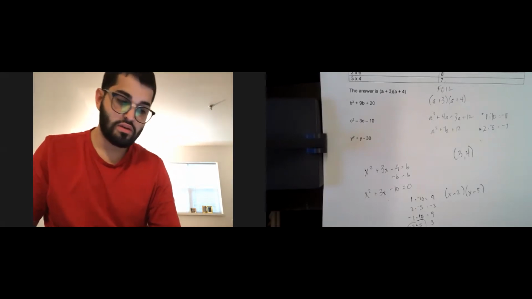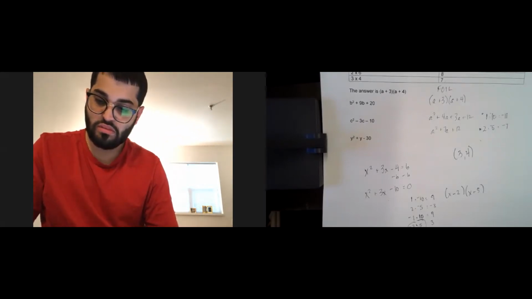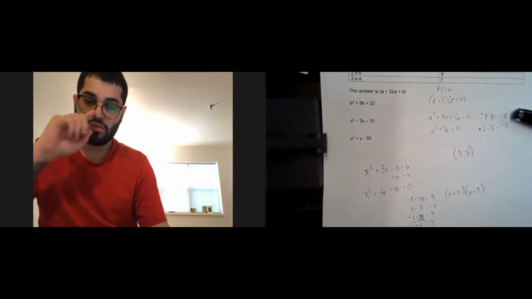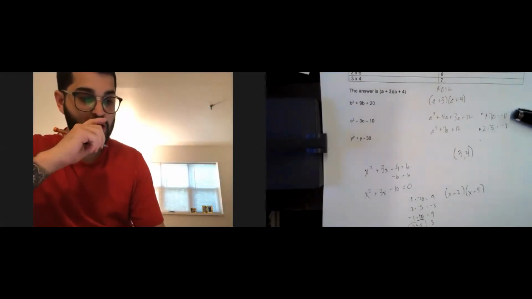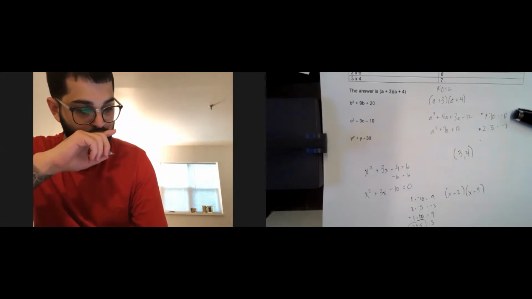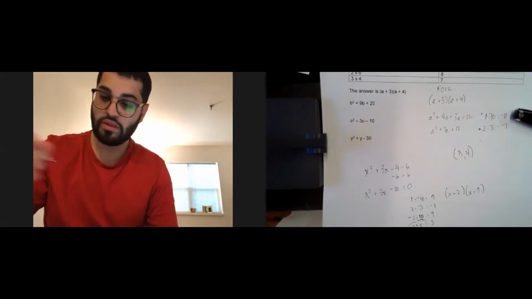I'm going to try if I can do the last one. Okay, so here we only have one number. Yes. So there'll be a factor of 1, because 30 plus 1 is... 30.